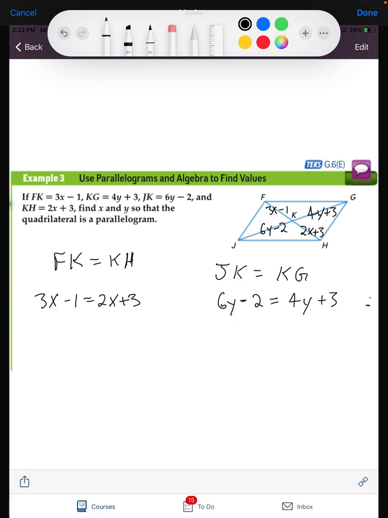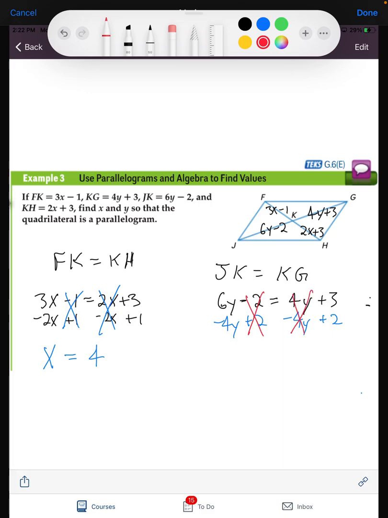Now we want to solve for x and y. So let's subtract 2x on both sides, add 1 on both sides. So we get rid of our 2x. This becomes just x, this goes away, equals 4. And same thing here. If we subtract 4y on both sides, add 2 on both sides, now our 2's go away, our 4y goes away.